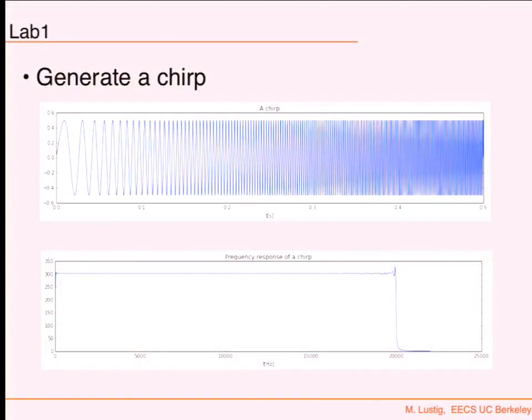The first thing you're going to do in the lab is look at a chirp. Why a chirp? A chirp is a very interesting signal because it changes frequency in time. So time corresponds to frequency, and frequency corresponds to a particular time.